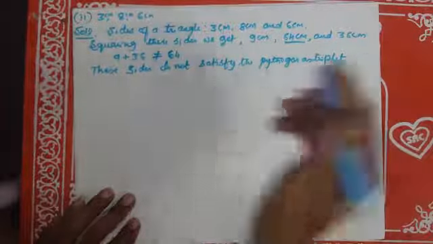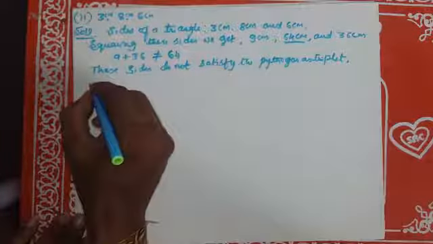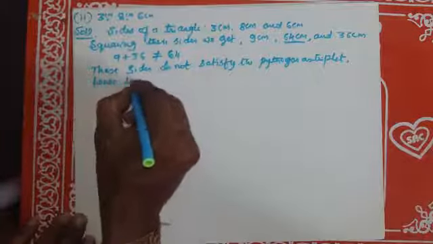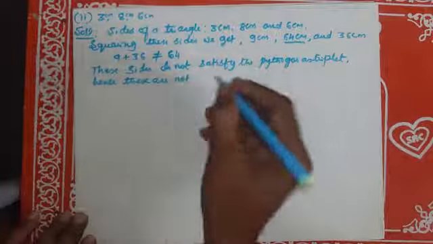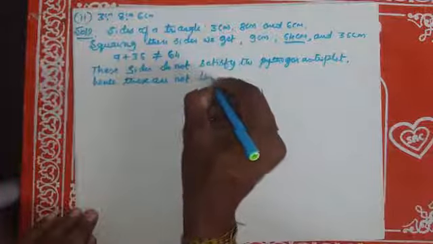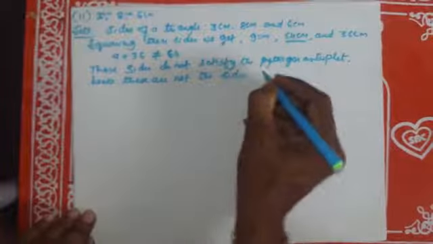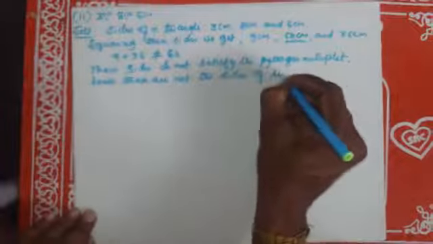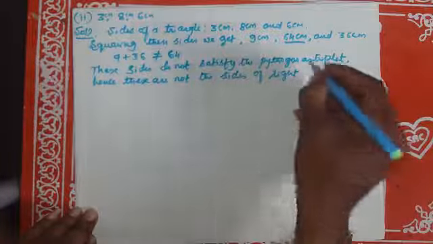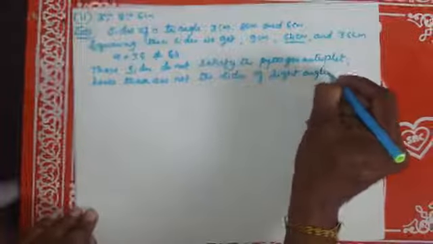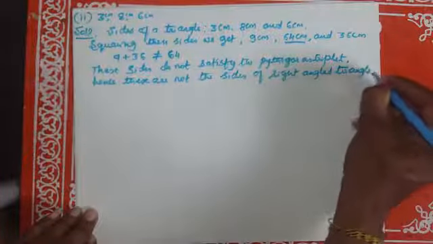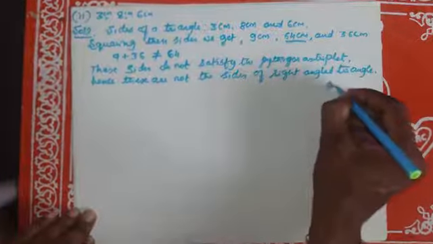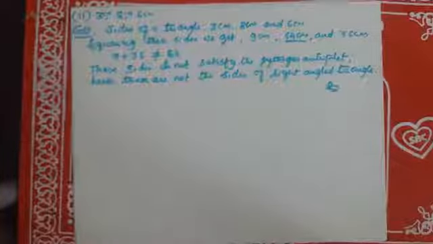Hence these are not the sides of a right angle triangle. This is the right answer.